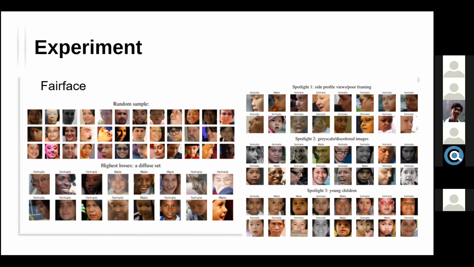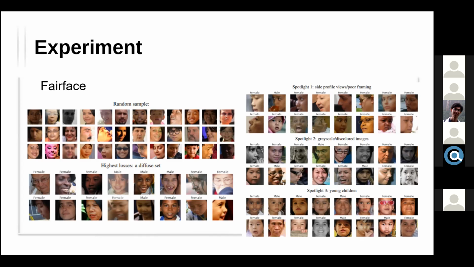In the first spotlight, they found that those images all contain side views; you can only see half of the face of the person. In the second spotlight, the images are all discolored or grayscale. And in the third spotlight, they all contain the faces of young children.